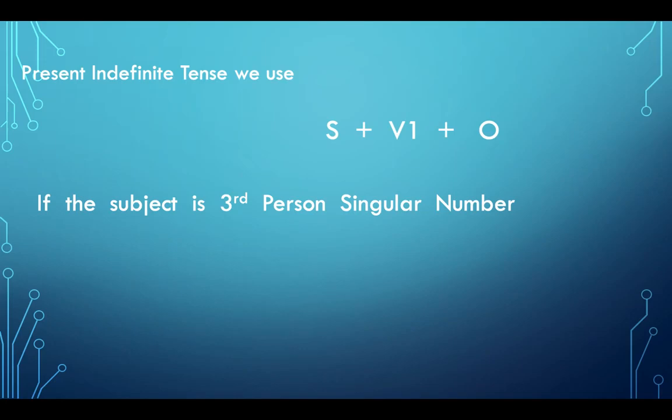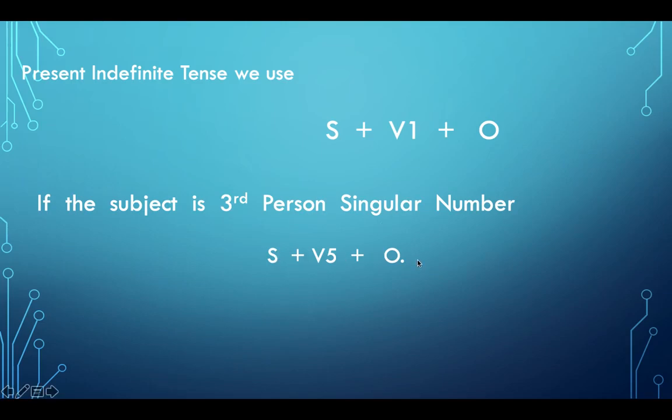Generally we use this subject plus verb first form plus object, but there is an exception. The exception is that if the subject is third person singular number. What is third person singular number? He, she, it, or any person's noun in singular number. Then what we use? We use subject plus fifth form of verb plus object.